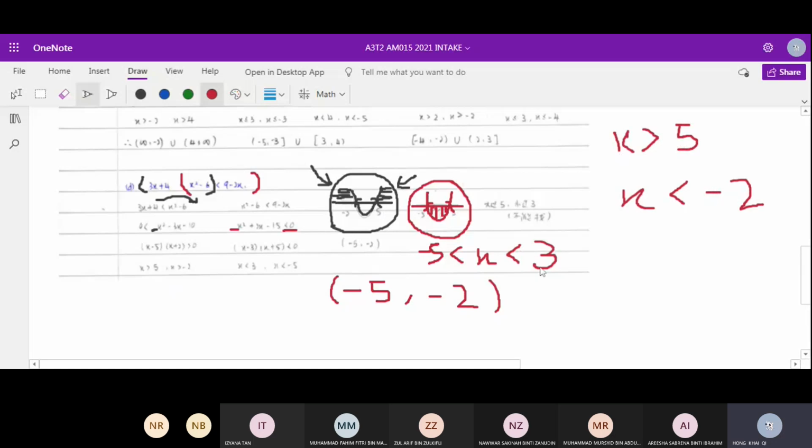When you want to find the intersection area, x more than 5, you can't find the x because x less than 3, and x less than 5, you cannot find the x. So we can only take negative 5 and negative 2, because they have the intersection point there.